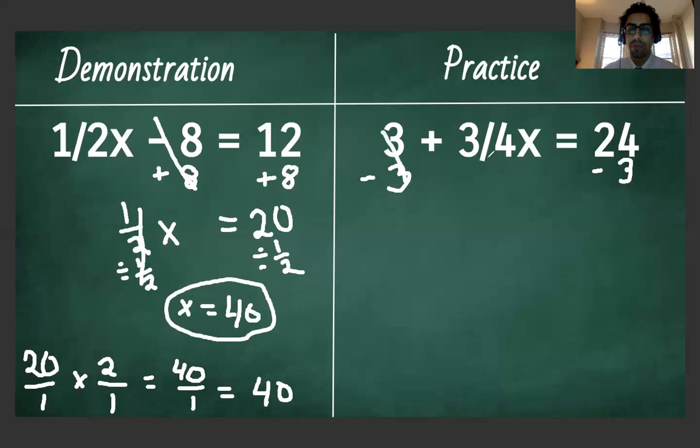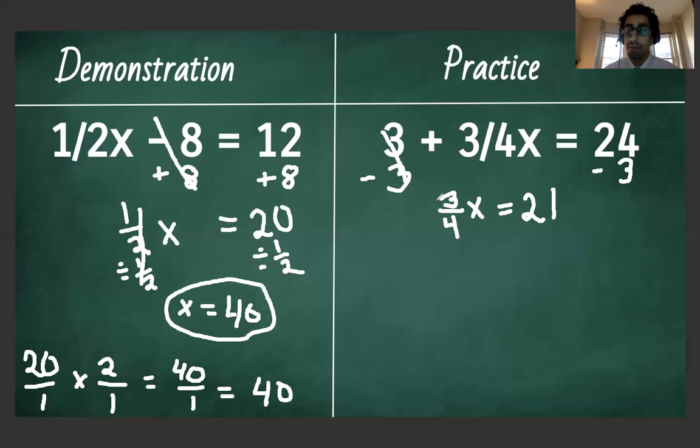This cancels out, so I'm just left with 3/4 x equals 21, right?